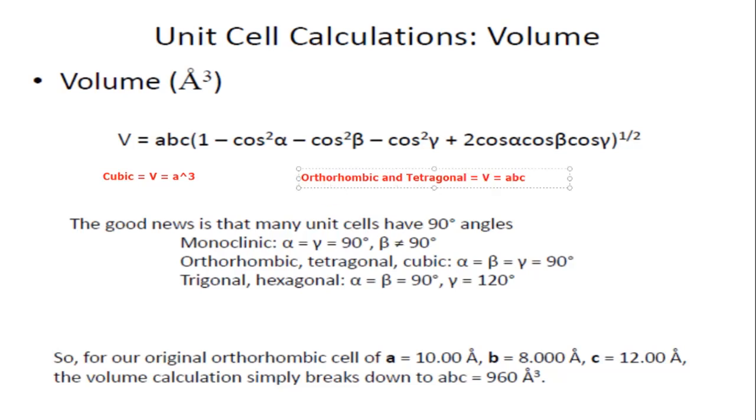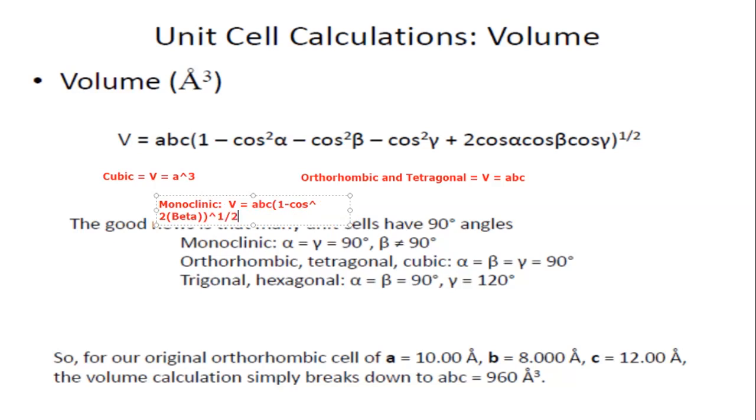Now on the other ones, such as monoclinic, one of the angles is not 90, which is the beta angle, so everything would cancel out except for the cosine squared beta. So for monoclinic, it would be volume equals ABC times 1 minus cosine squared beta, raised to the 1/2.